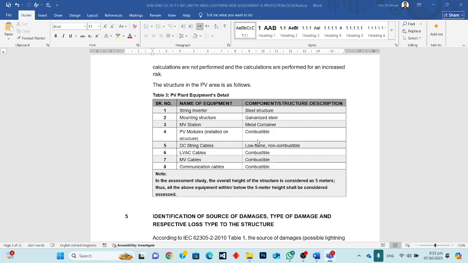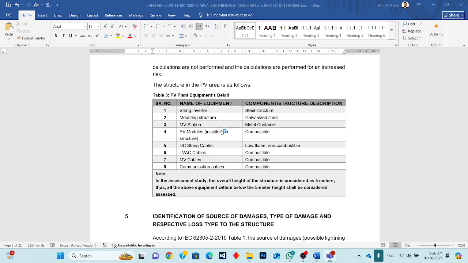These all are the equipment installed in that PV area. So in the assessment study, the overall height of the structure is considered as 5 meters. Thus, all the above equipment within or below the 5 meter height shall be considered in the assessment for that area.